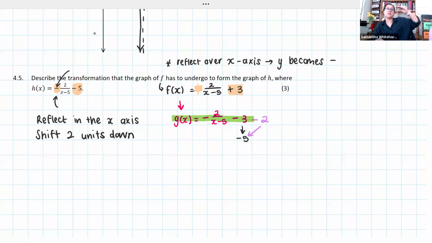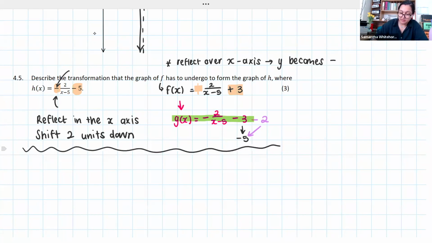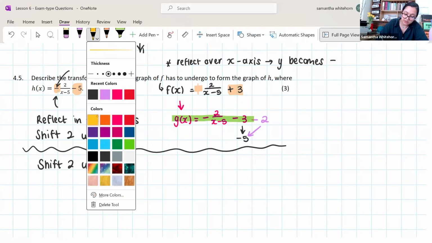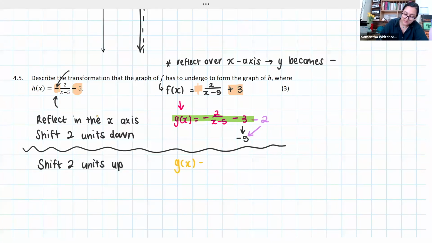In order for me to get to negative 5, I could take the whole graph 2 units up and then reflect it over my x-axis. So what I mean by that is we could start with shifting 2 units up. And what that would do to my equation is as follows. Again, I'm just going to use a g of x. That would now be 2 over x minus 5 plus 5.